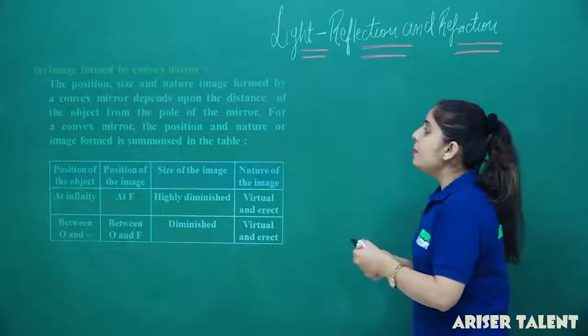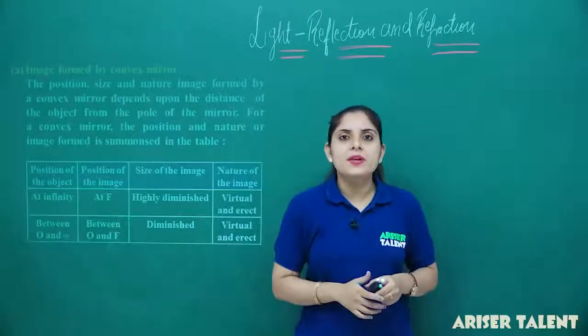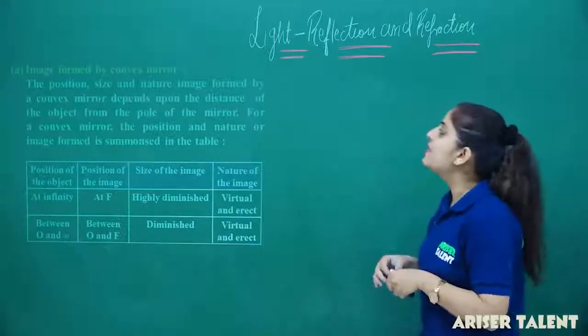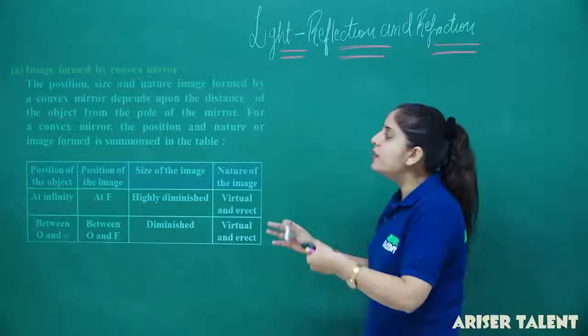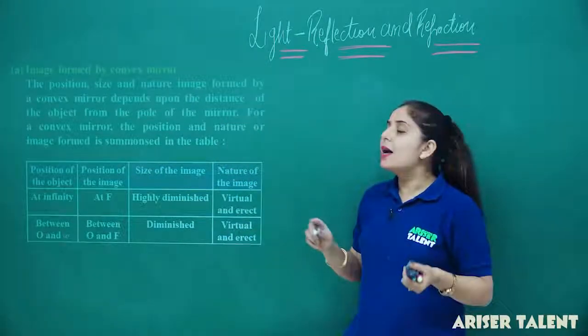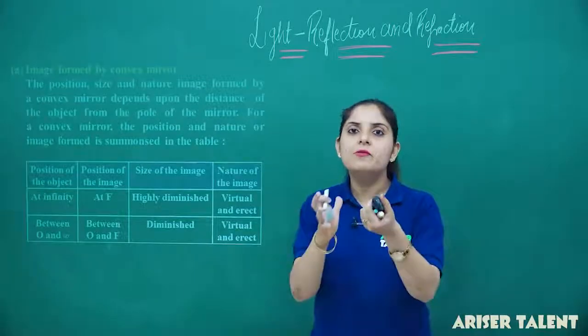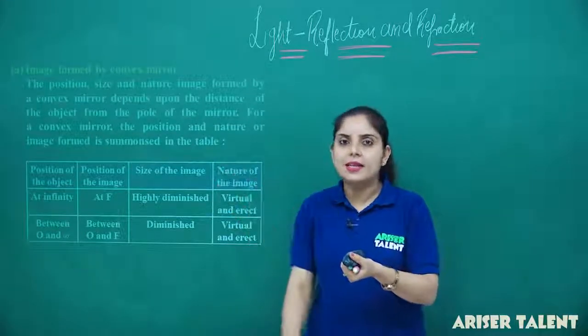Image formed by convex mirror. In case of convex mirror, the position, image and the size of the image depend upon the distance of the object from the pole of the mirror. So, we have certain positions and the nature of the images formed, where we place the object and where exactly the image is formed.